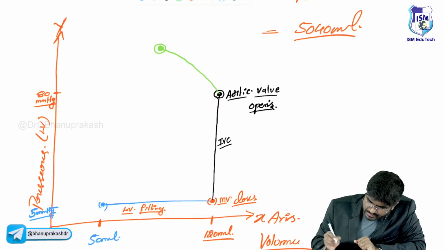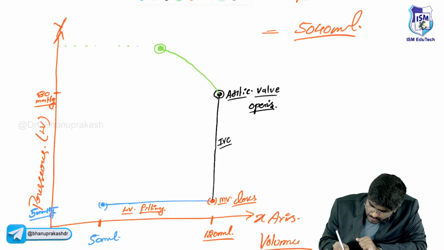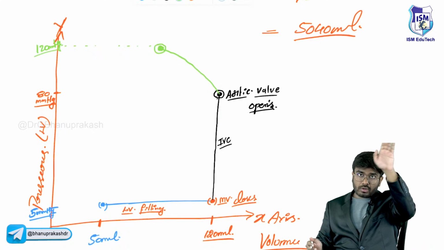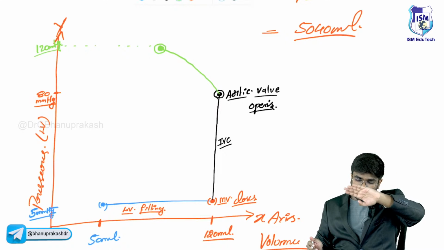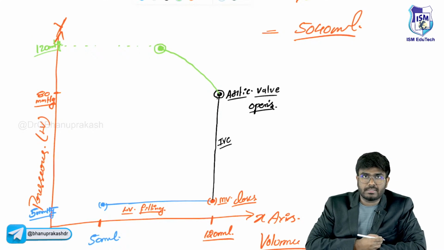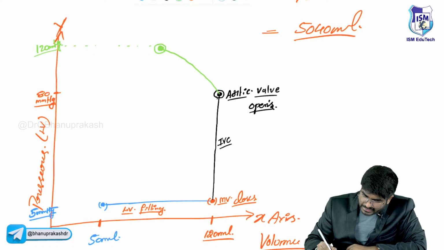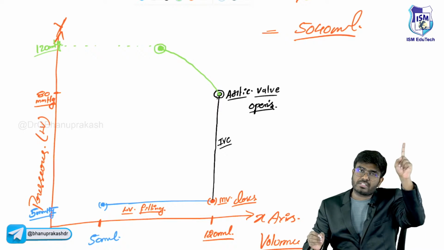Now tell me what is this phase. Here the pressure is, for example, 120. What is this green line that I have drawn? What is this phase of the cardiac cycle? In this phase the pressure is increasing from 81 to 120.